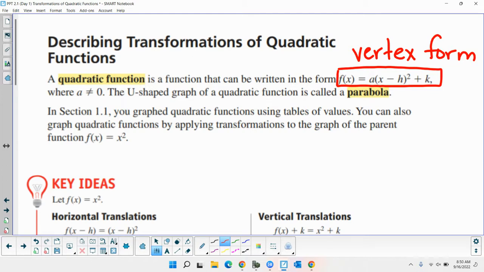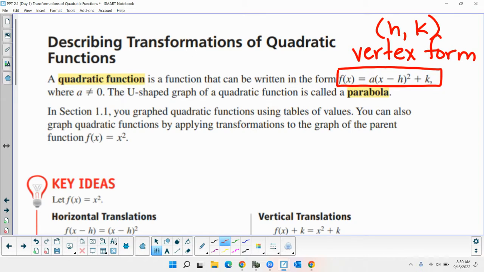Because we could tell what the slope was and the y-intercept, right? Well, we call this vertex form because I can tell what the vertex of the parabola is. That h value and that k value is the vertex of the parabola. Okay?